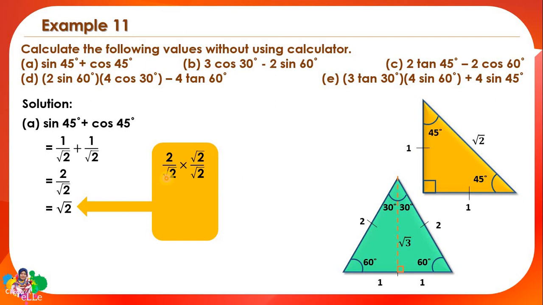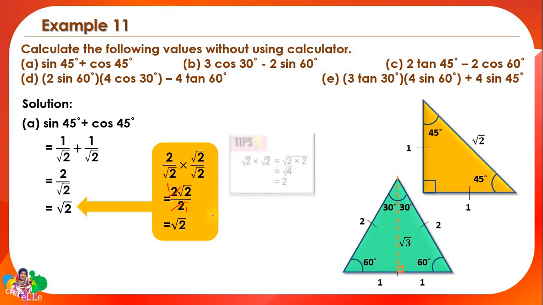So when the denominator is multiplied by square root 2, the numerator also has to be multiplied by square root 2. So square root 2 times square root 2 is 2. 2 times square root 2, 2 square root 2. Then you simplify, 2 over 2, so you get square root 2.